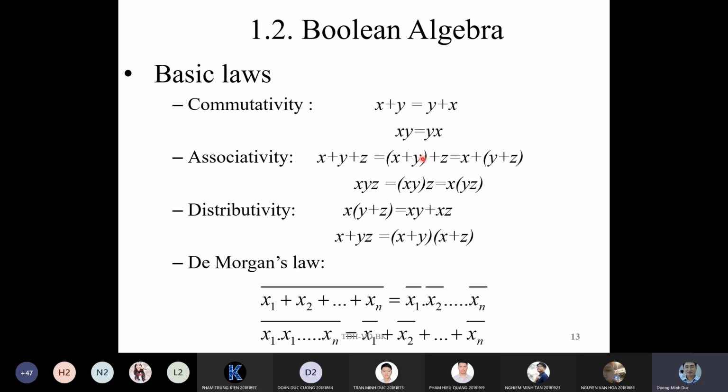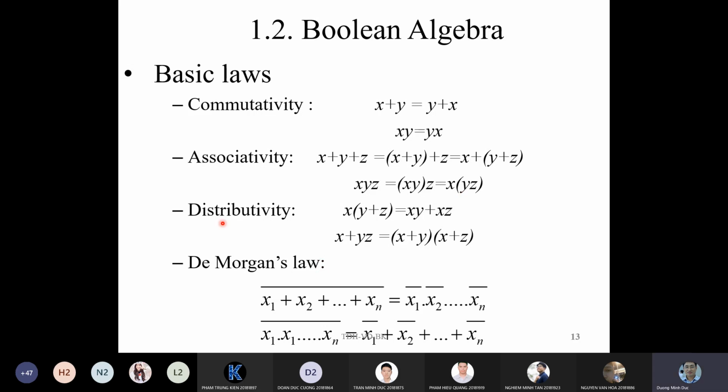First is x plus y, and the result of this disjunction is also a logical variable. Then we can make the disjunction of this result and this, similarly for the conjunction.